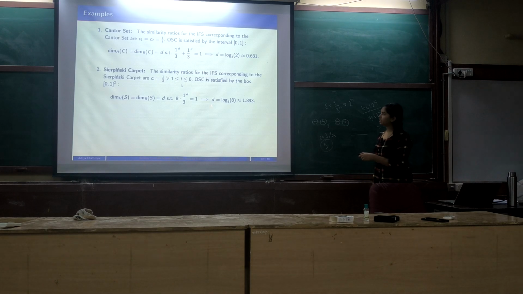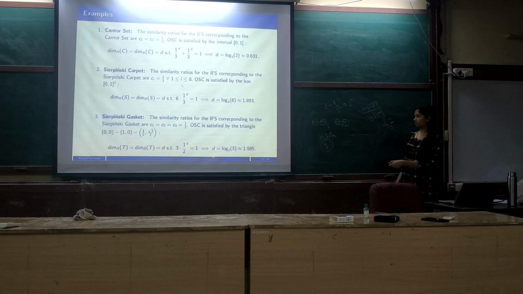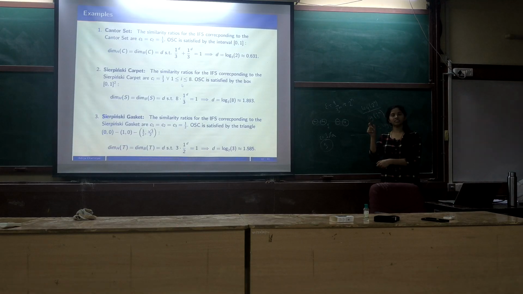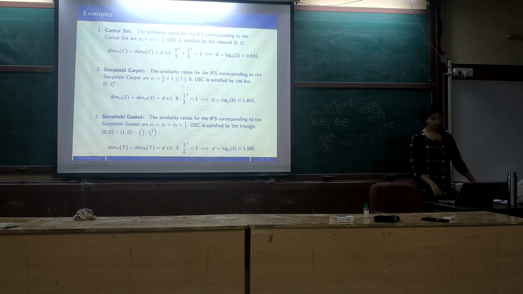So 8 times (1/3)^d equal to 1, and d comes out to be 1.893, so log 8 base 3. For the Sierpiński gasket, you get log 3 base 2, because you are getting 3 triangles of half the length. So your similarity ratio is 1/2, and 3 times (1/2)^d equal to 1, so d equals log 3 base 2, which is around 1.585.